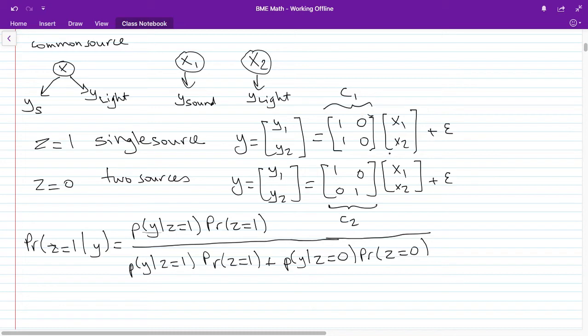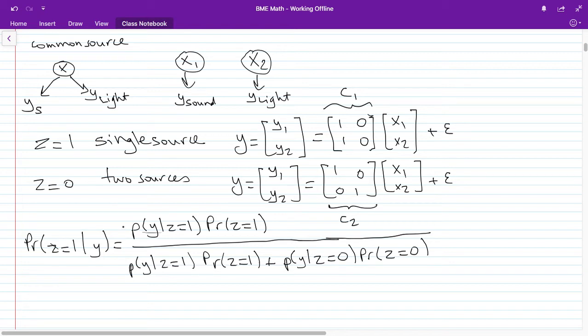And C1 times X is saying that these two things that you measured should be the same as each other, which is just X1. So the closer they are to each other, the more likely it is that they came from the same source. That's what the numerator says. And of course, the other term here is just your prior. The denominator is saying, well, what's the total sum of the probabilities? It's this plus this. It's just normalizing that ratio.